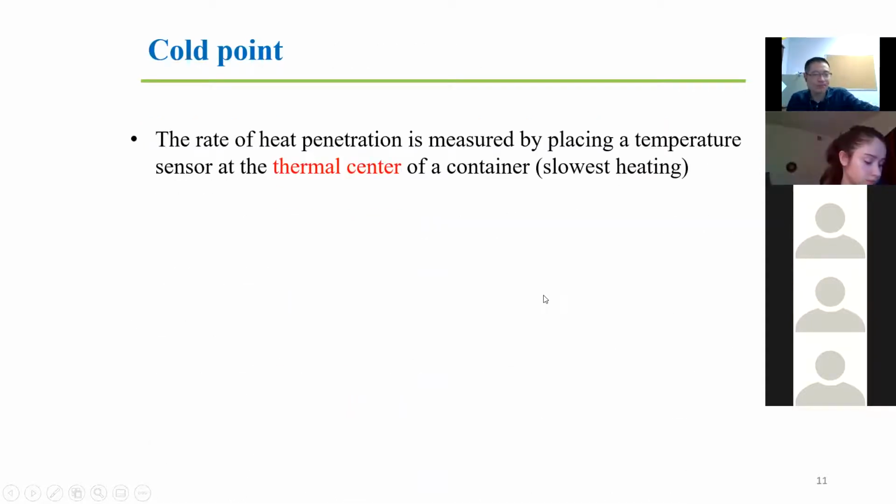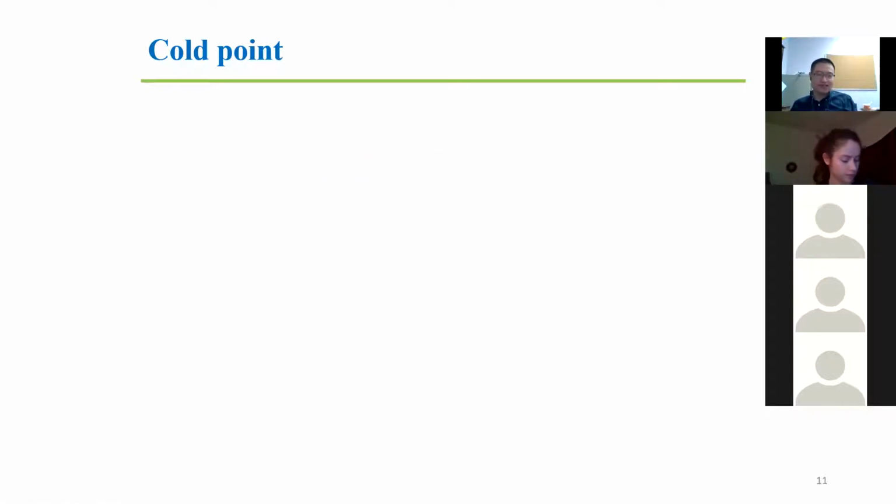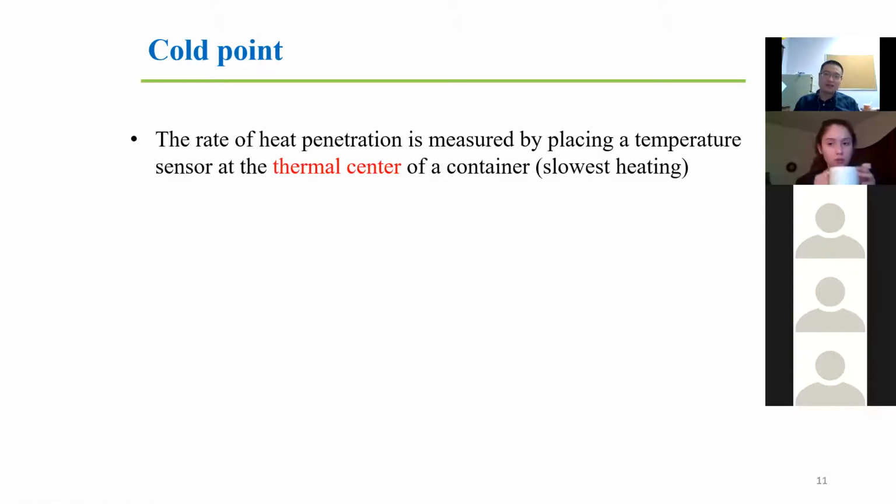Okay, so the cold point. Remember that you inserted a thermocouple last week into the can to monitor the temperature during the sterilization. And actually, we used the thermocouple height set to be 1/2 or 1/3 of the can, right?